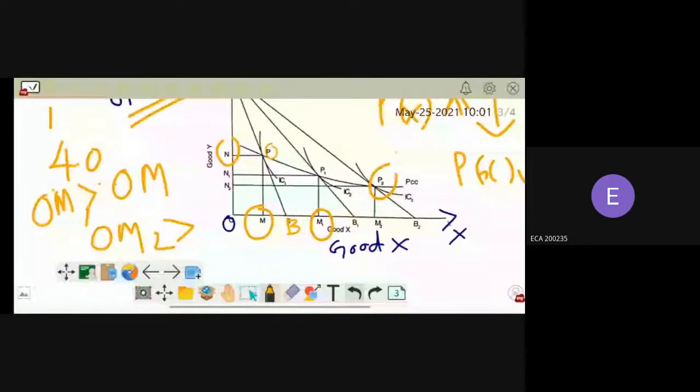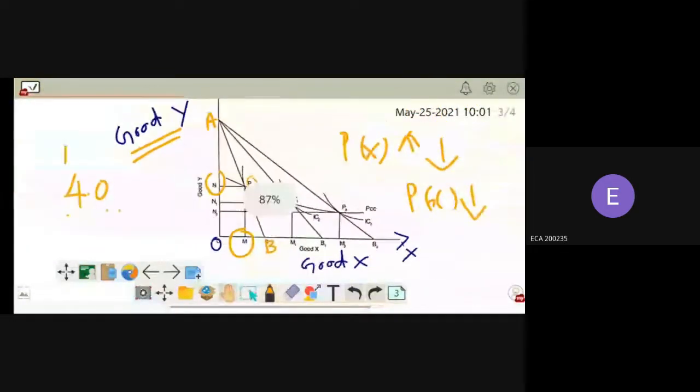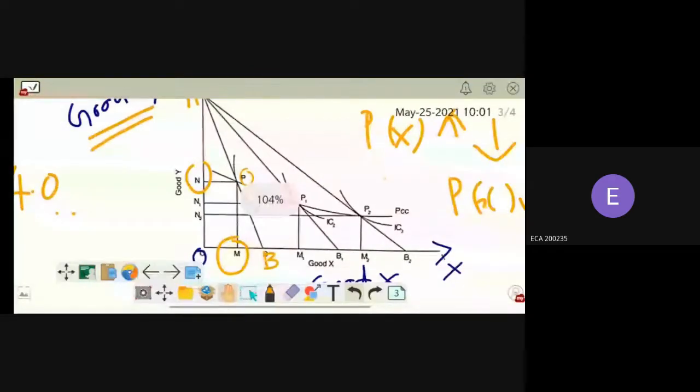So that shows that the consumer moves to different levels of equilibrium, where he is buying more units of commodity X and fewer units of commodity Y. So the curve which connects all these equilibrium points, that is P, P1, P2, if we draw a curve joining all these points like we did in the income consumption curve, we get a downward sloping curve that is known as the price consumption curve.